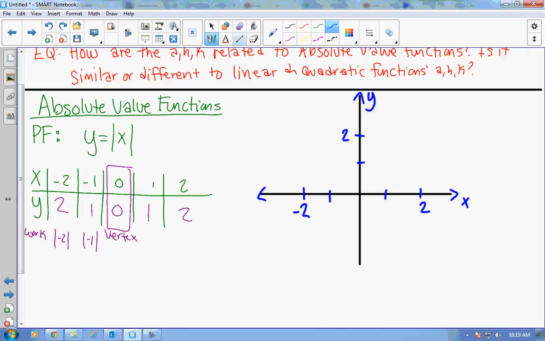Make sure you put arrows on your axes, label x and y, and have numbers so we know what you're counting by. Then plot the points. You're trying to find out what the shape of an absolute value graph is.